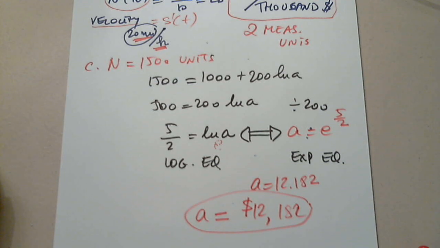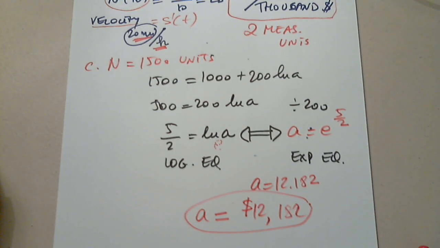Discuss the limit as A approaches infinity of n prime of A. Does it make sense to spend more and more on advertising? Why or why not? So I have to look at this limit. As A approaches infinity, thousands of dollars goes to infinity. Not possible, but you know what I mean, more and more of n prime.